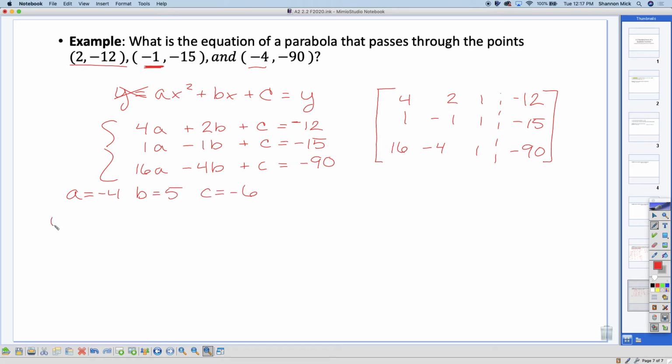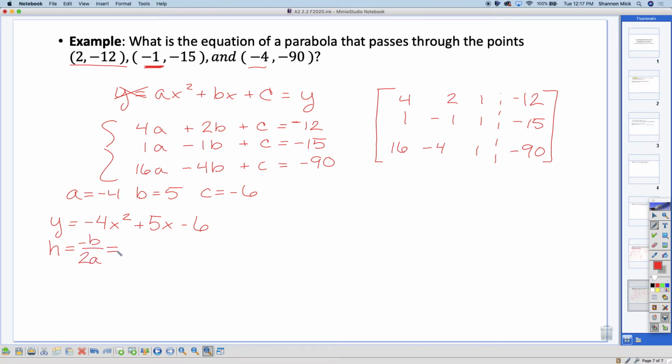So what is my equation? Y equals -4x squared plus 5x minus 6. Now we're going to go through our process. I need H. What's my formula for H? Negative B over 2A.